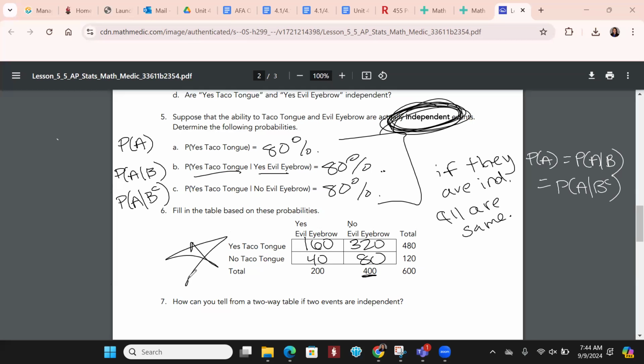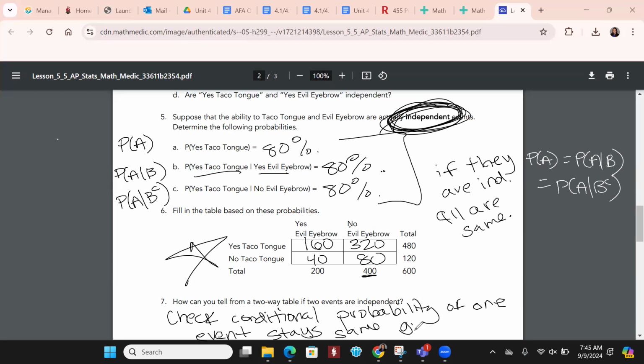So how can you tell from a two-way table if two events are independent? You're going to check the conditional probability of one event and whether it stays the same given whether or not the other event occurs.